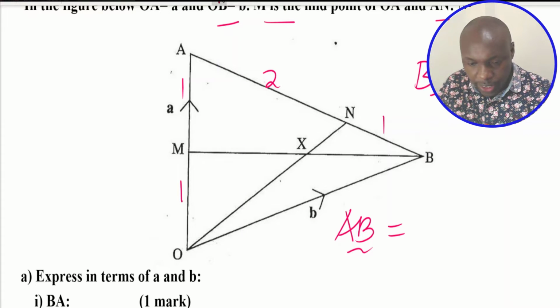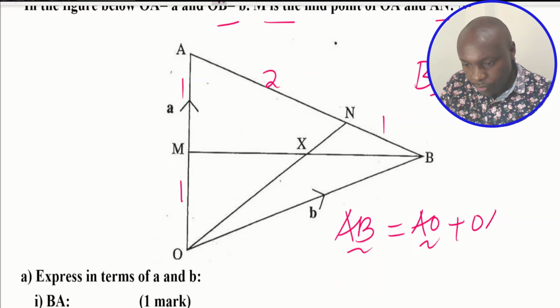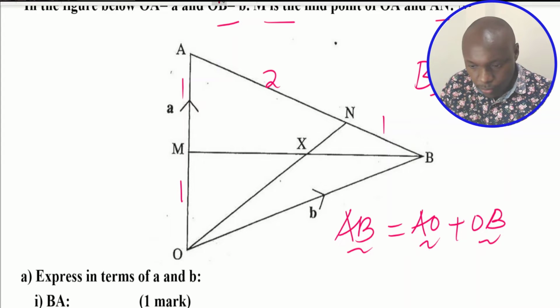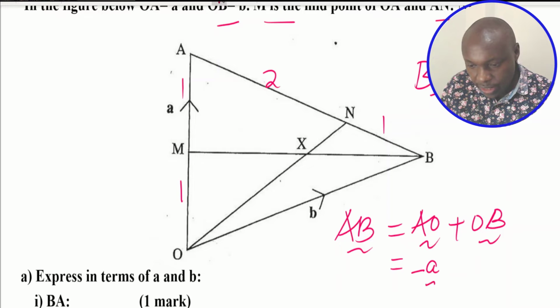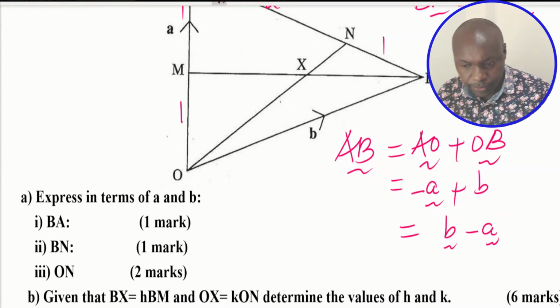To move from A to B, we can follow this route, A to O, then from O to B. Looking at AO, we're moving in the opposite direction, so that will be negative A plus OB, which is B. You can still write it as B minus A, it's the same thing.